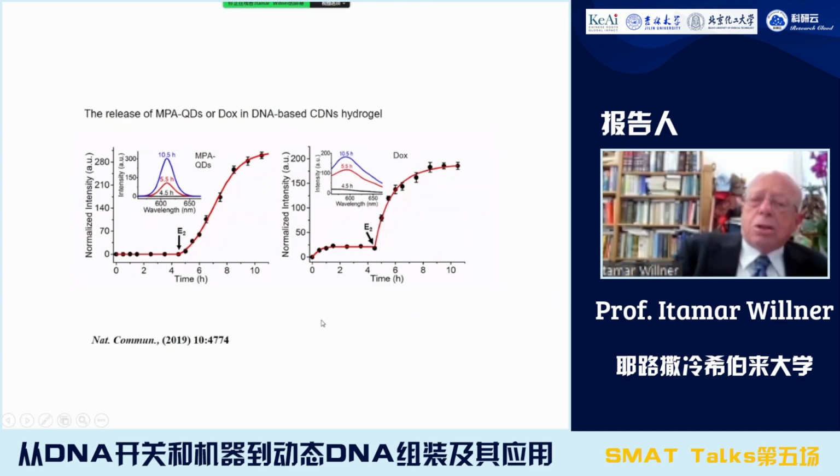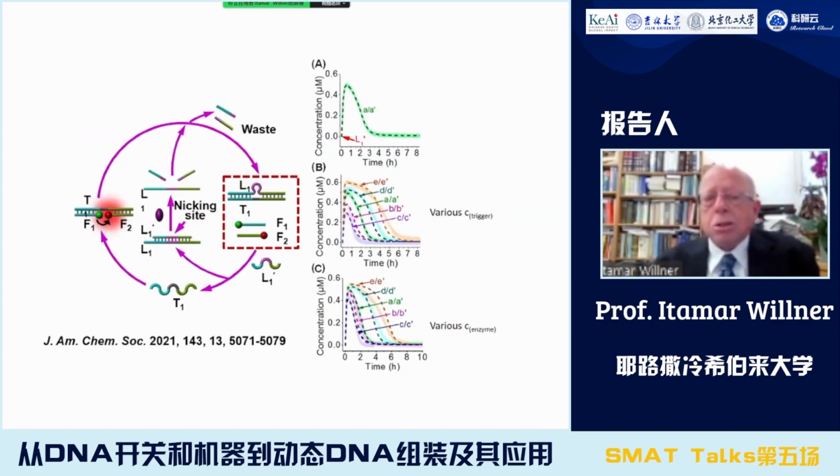But we can go one step further and move into networks that do not operate under thermodynamic equilibrated conditions, but under out-of-equilibrium dissipative conditions. And I want to show you a simple example of such systems.